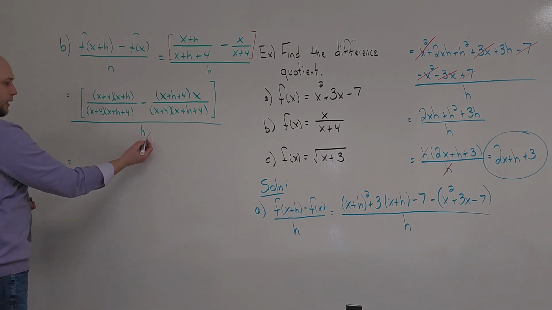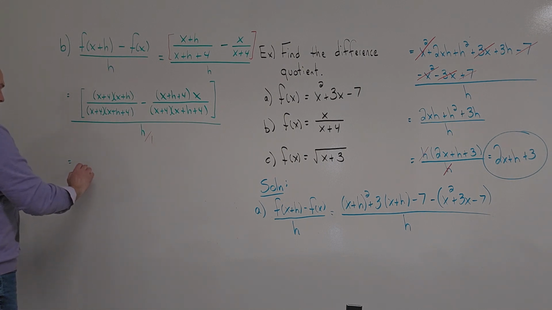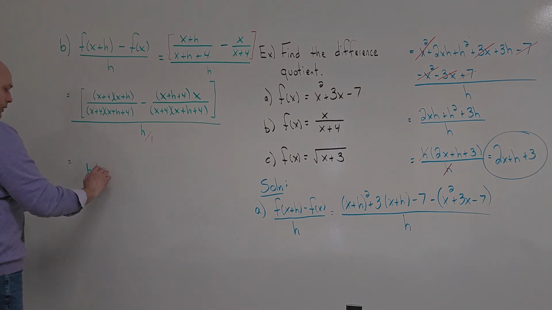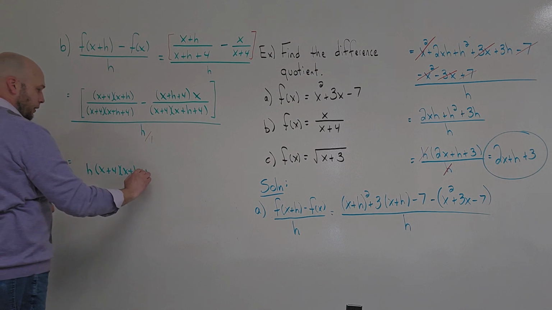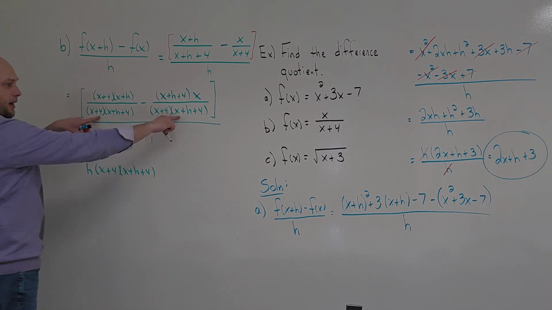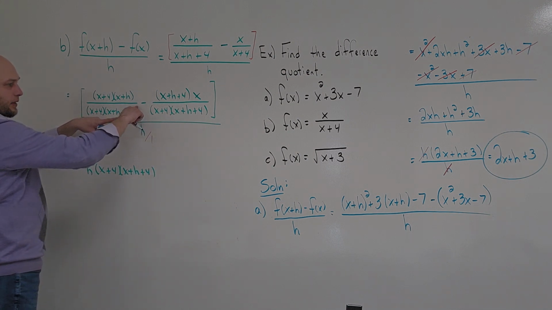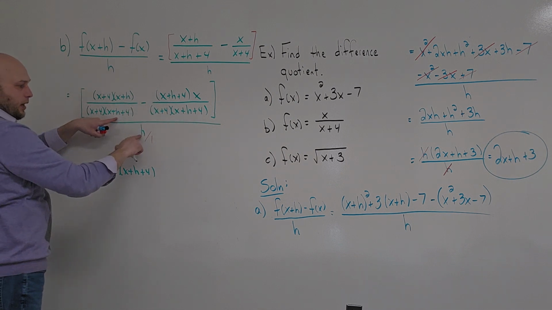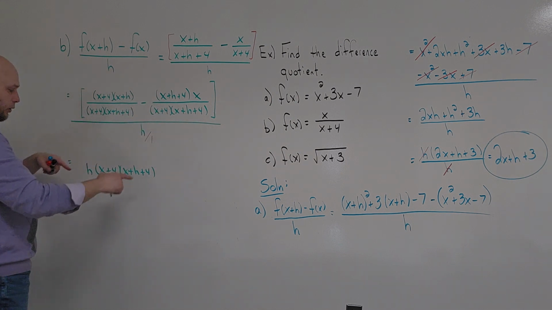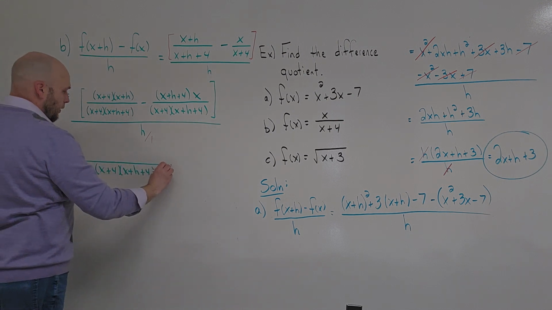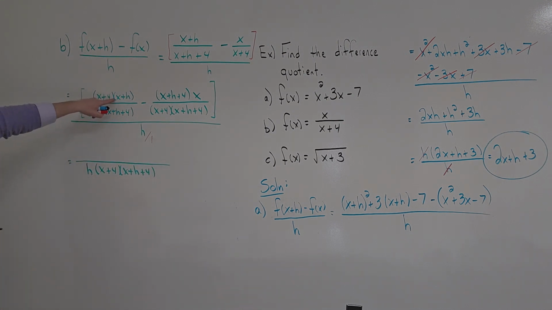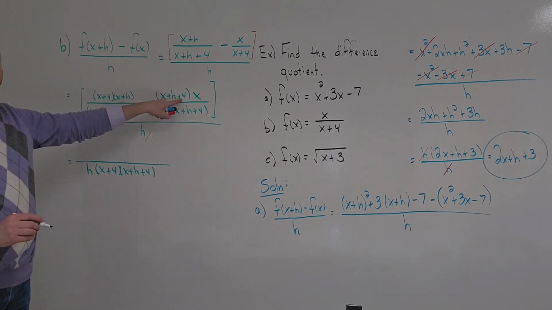What that then gives me is a denominator of h times x plus 4 times x plus h plus 4. These denominators match, so that's going to be my common denominator between these two. This h becomes h over 1. I flip and multiply, so that gives me a factor of h there. And then for my numerator, I'm going to have this product minus this product.